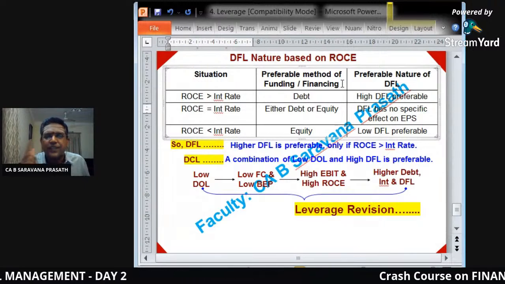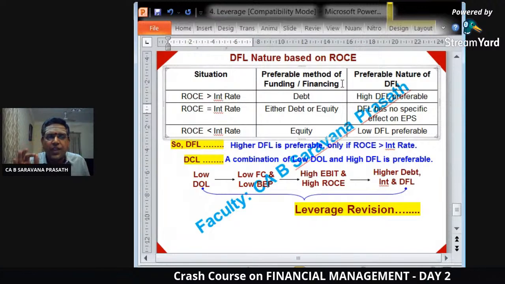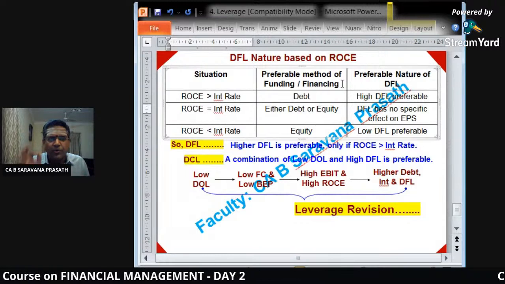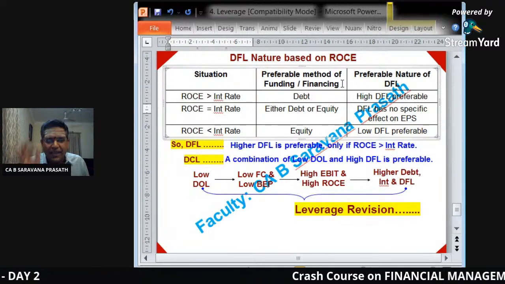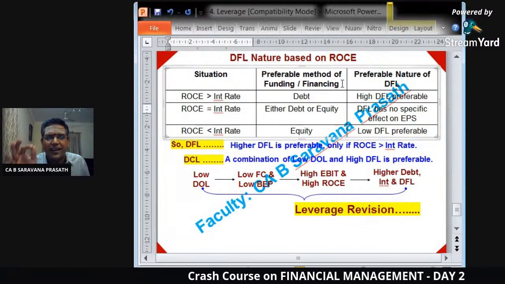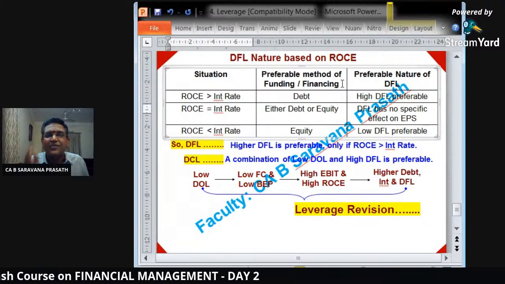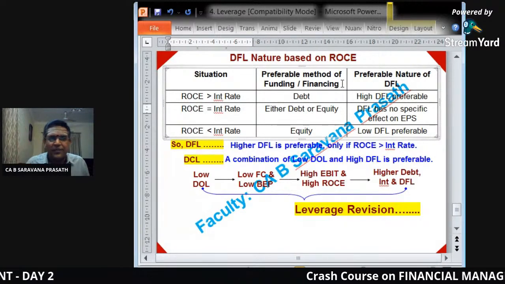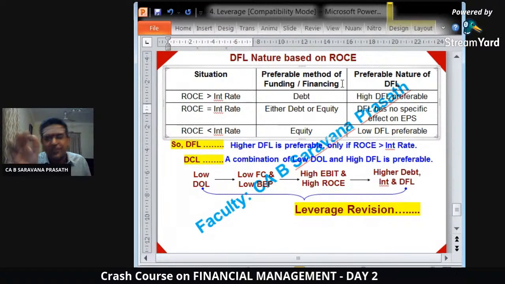The answer is yes, only if ROCE is greater than the interest rate. In that case, you are called a favorably financially leveraged company.